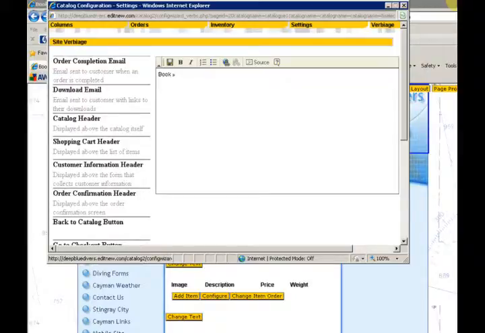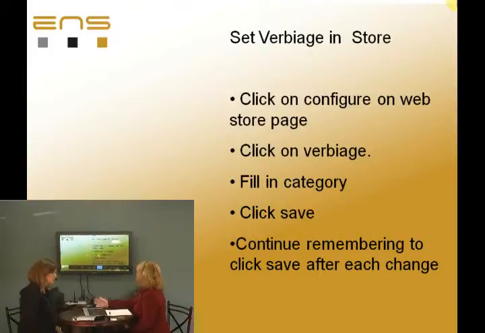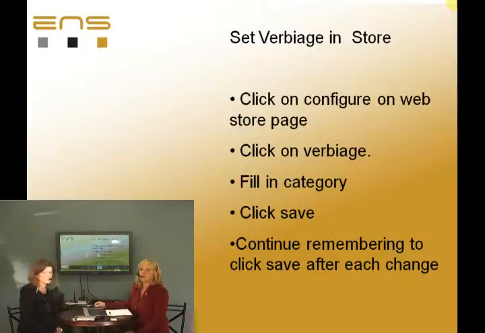And that's a brief overview of all the steps for putting the verbiage into the store. Just briefly to review them: click on the Configure Catalog button on the Webstore page.